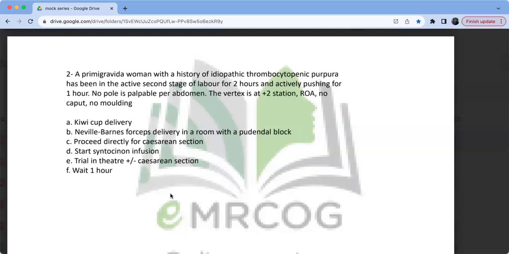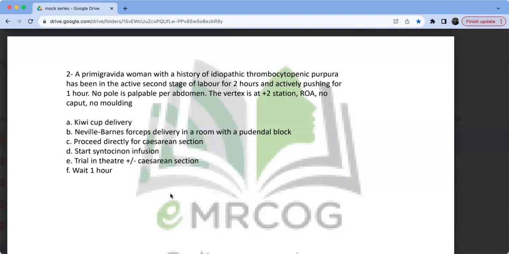Okay. So can I apply operative vaginal delivery here? Yes. If I'm afraid of the bleeding, let's say you are afraid of the bleeding, he didn't say anything about the level of the platelets here.